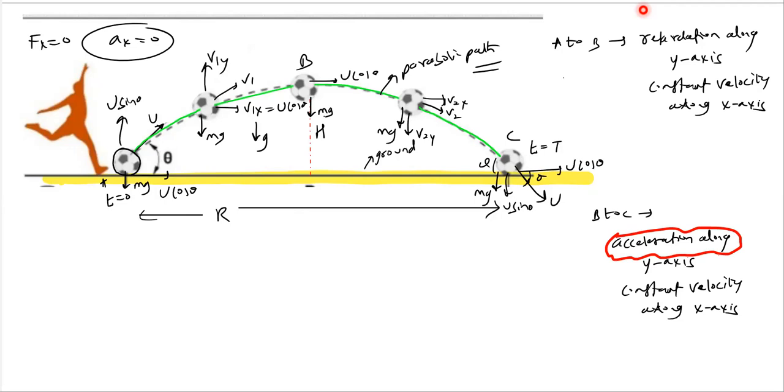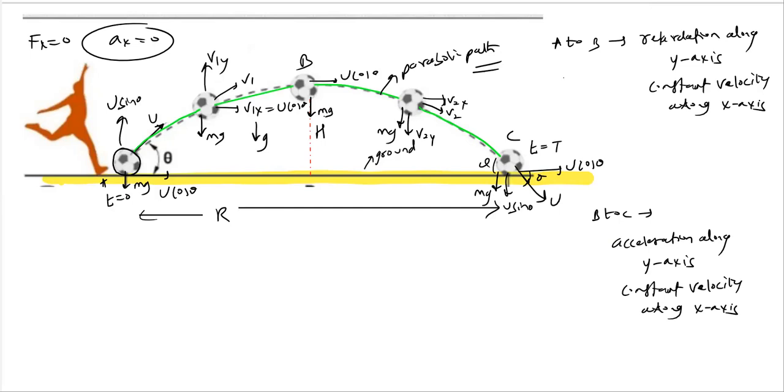So here the velocity keeps on increasing. Then constant velocity again along the x-axis. Okay, this is one basic idea of the projectile. Everywhere we will be using this condition. Nothing big is there. Okay, agreed.